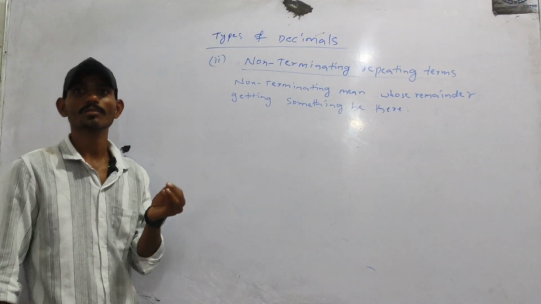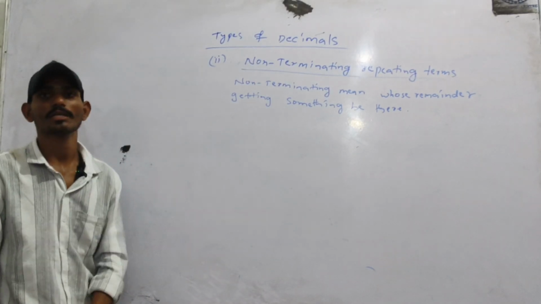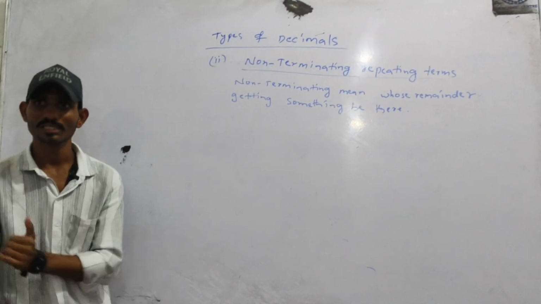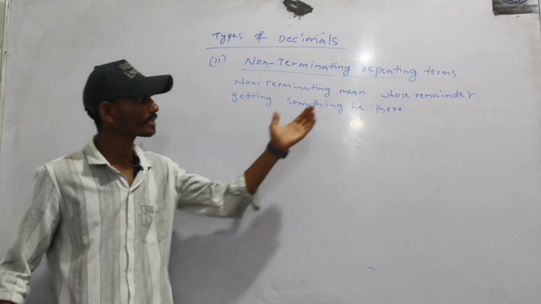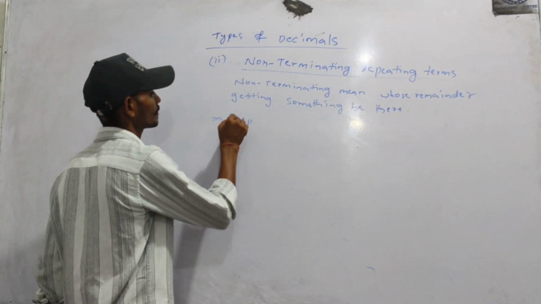Terminating means the remainder definitely becomes 0 after a few steps. Non-terminating means the remainder never gets 0; it keeps going continuously.